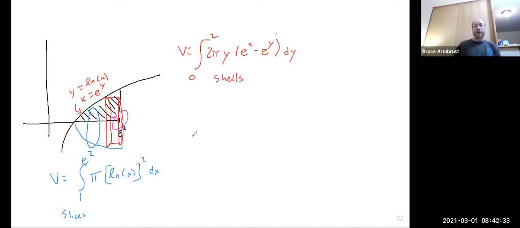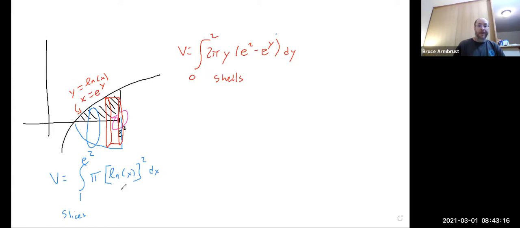So for this volume, you actually have your choice of which one you want to do. I definitely see one I would prefer in terms of the integral, and that's the shell method, because in one of them we're integrating just y. So we've got 2 pi e squared, that's all constant, so that'll be fast and easy. And the other one is y e to the y, and that will be an integration by parts. The other one, if we try to do natural log of x quantity squared, we probably need to do that by parts as well.